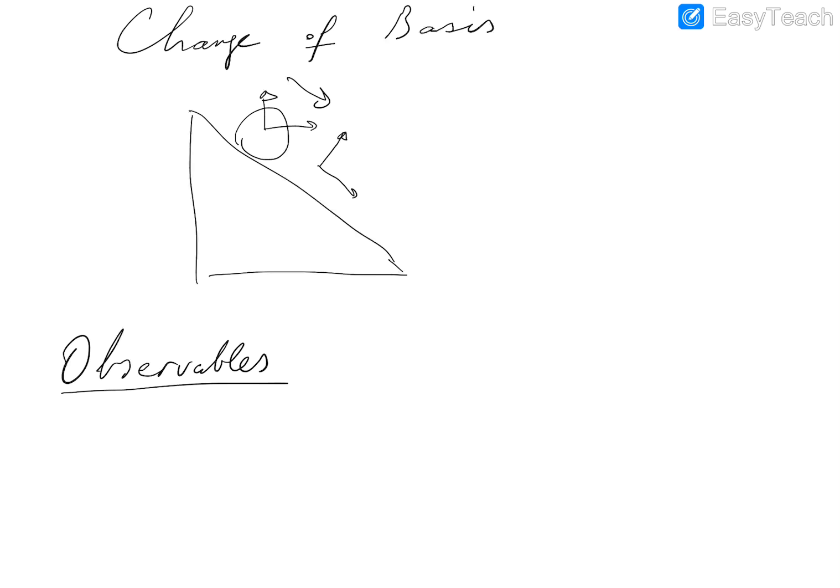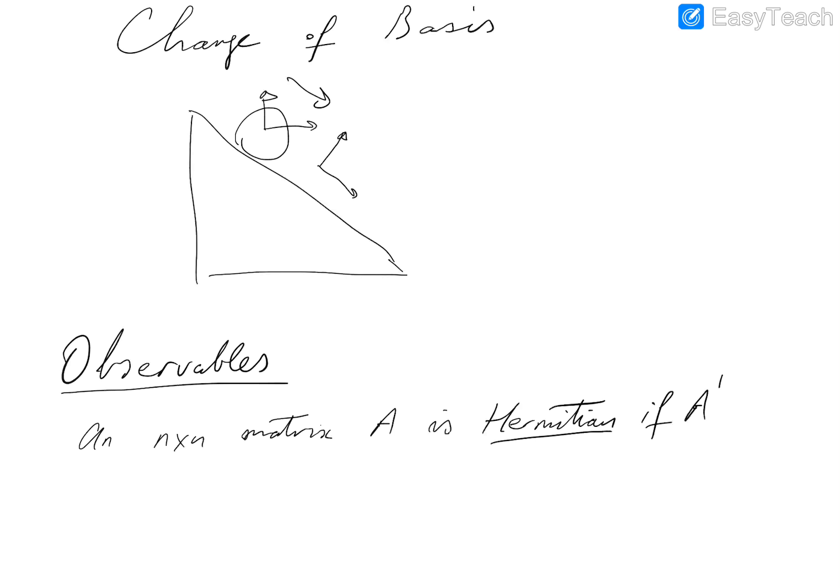So let's give a definition. An n by n matrix A is Hermitian if A adjoint equals A. So A is self-adjoint, okay?